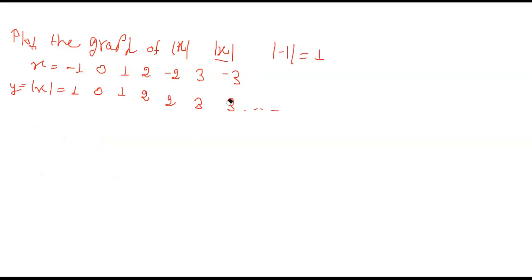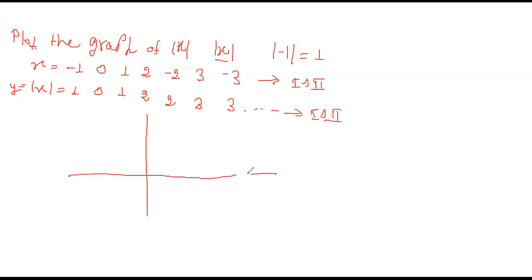So you tell me the value of x lies between first and second quadrant, and it will be also lies in first and second quadrant. So if you take the graph, this is 0, 1, 2, 3, 4, minus 1, minus 2, minus 3.